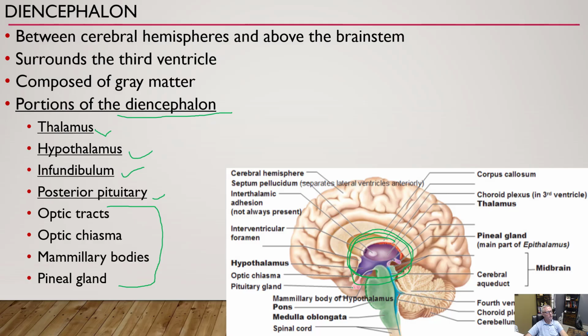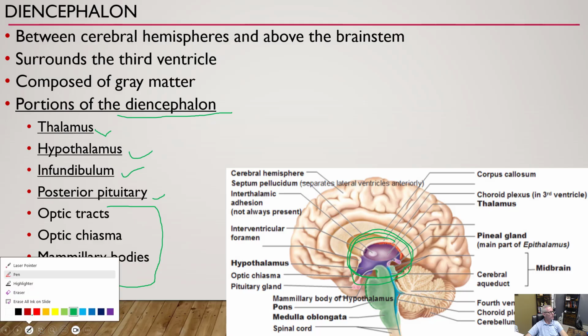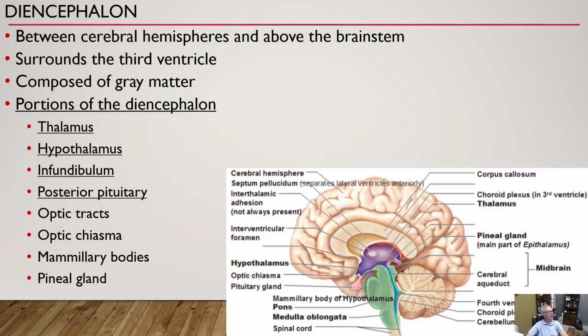One thing that I will mention, let me erase my ink. So we have this structure here called the pituitary gland. And one thing that I will point out, because it is an exam question, is that the pituitary gland, and here's your hypothalamus.